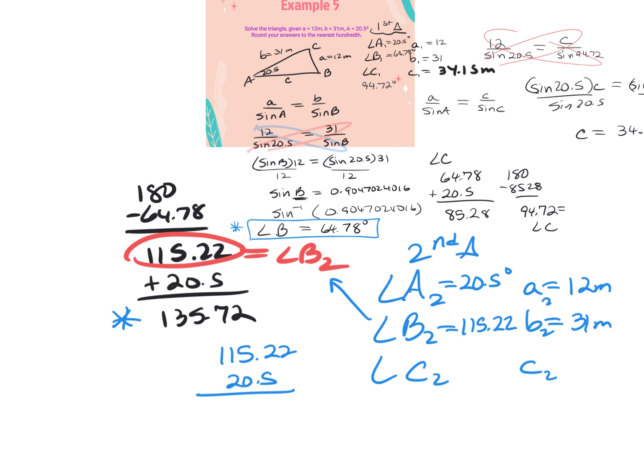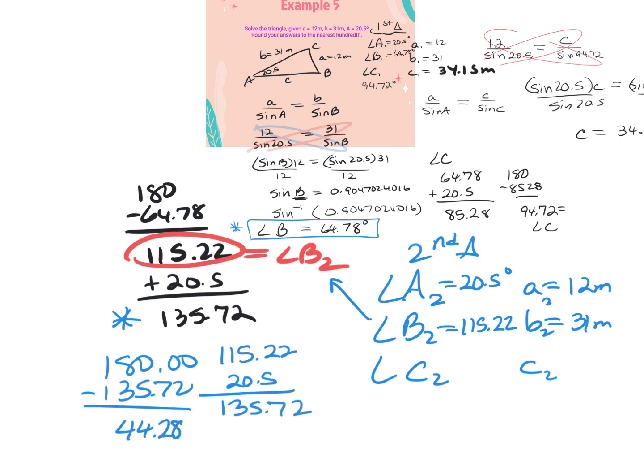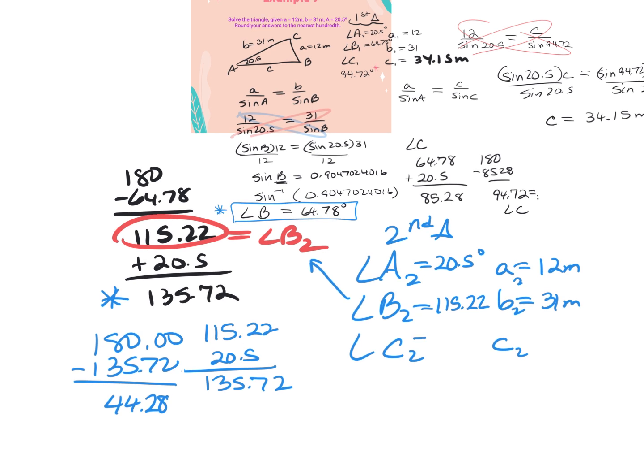So actually I already just added that, 135.72. Subtract that from 180, and I could put 0, 0 here. And then my angle C is going to be 44.28. So that's going to be my second angle C.